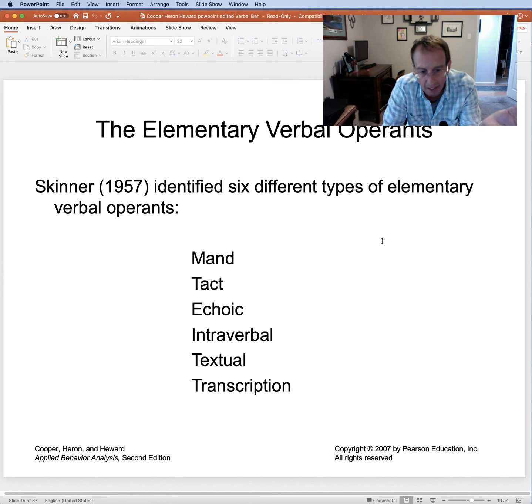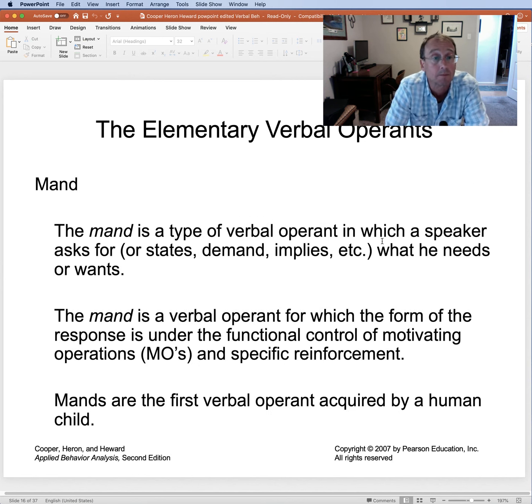You're not demanding to get a car. The car's not present. You're not tacting for a car. You are only saying car because somebody was engaging and giving you a stimulus, a verbal behavior stimulus, and then you are responding. Textual would be written, and transcription would be copying.